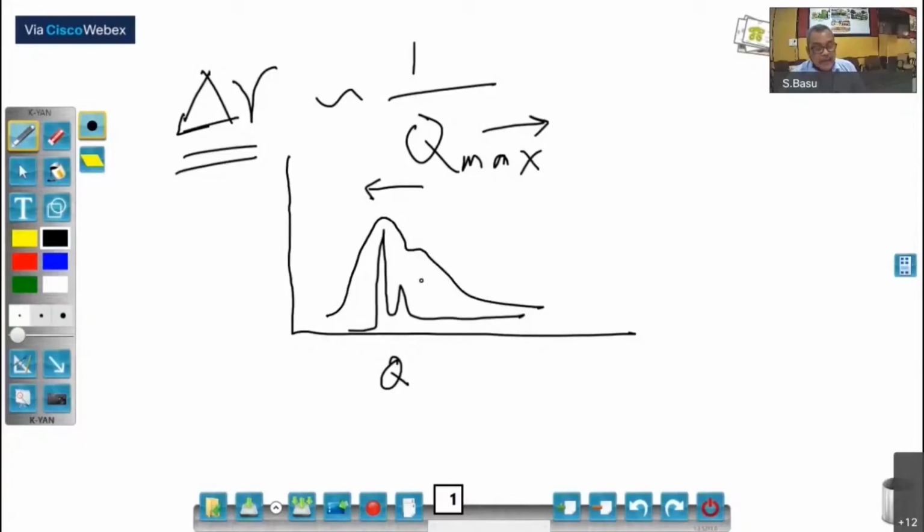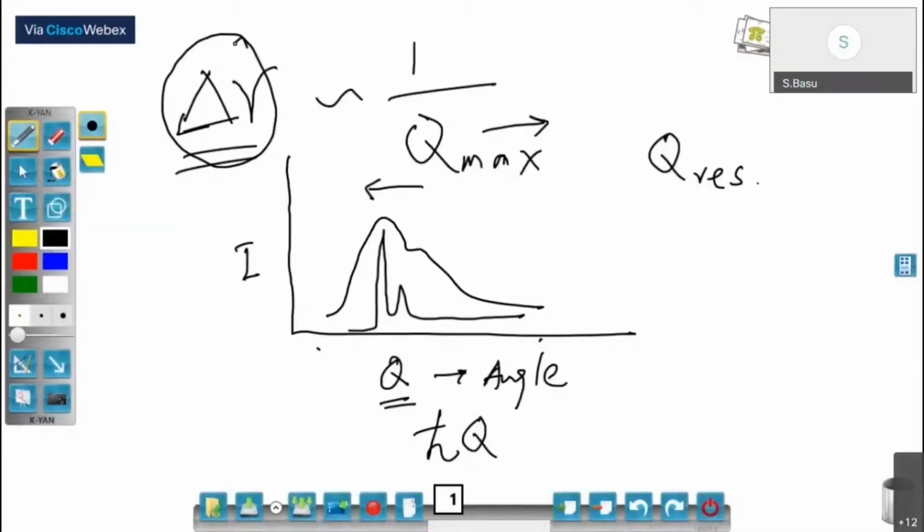And then it's difficult for me to decide. So your Q resolution dictates what structures you can see in Q space. Q space means again and again angle space, in a very loose way, in a slang way. And I was talking to you about liquid and amorphous systems, where I need to go to very large Q, so that I can decipher short range order.